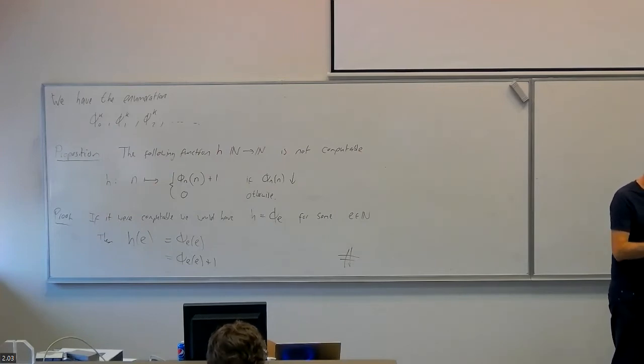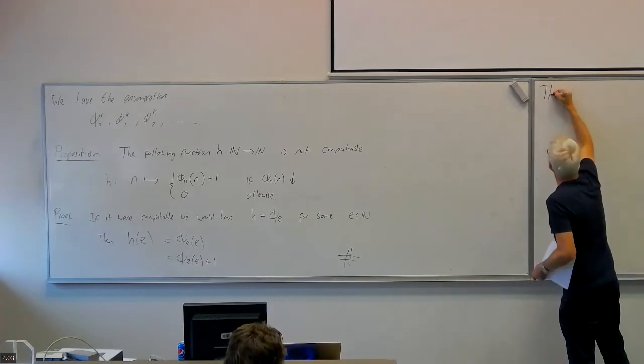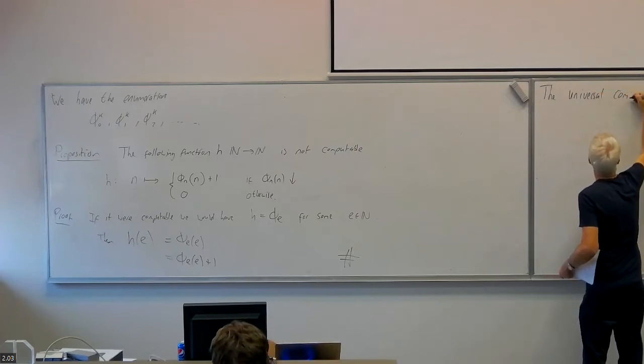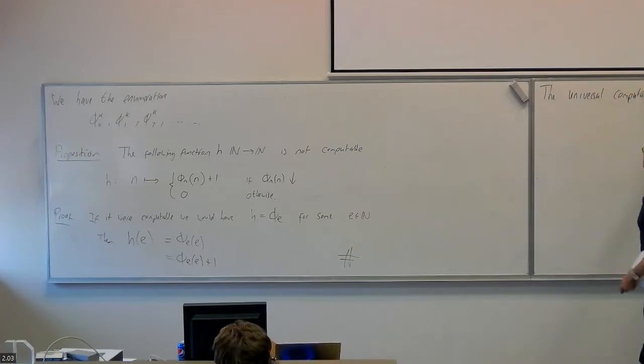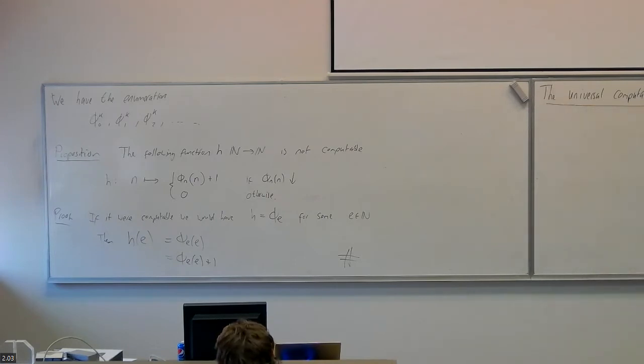And the next thing I want to do is establish the universal computable partial function. One of the nice things about this approach is, whereas the very definition of the universal Turing machine was pretty involved, the definition of the universal computable partial function is now very simple.